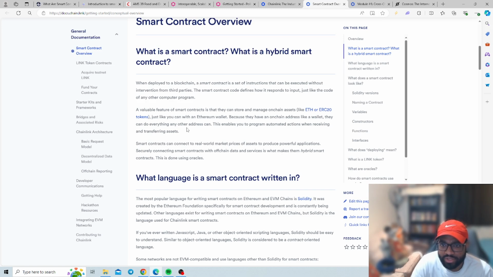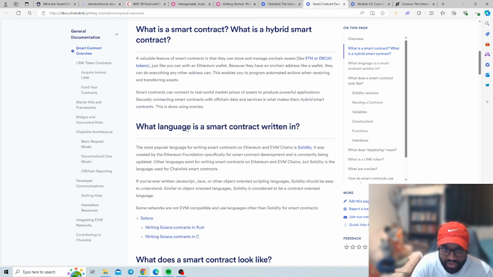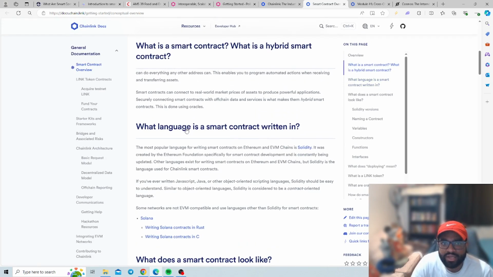Because they have an on-chain address like a wallet, they can receive anything. They can do everything any other address can. This enables you to program automated actions when receiving or transferring assets. Smart contracts can connect to real-world prices of assets to produce powerful applications. Securely connecting smart contracts with off-chain data and services is what makes them hybrid smart contracts.